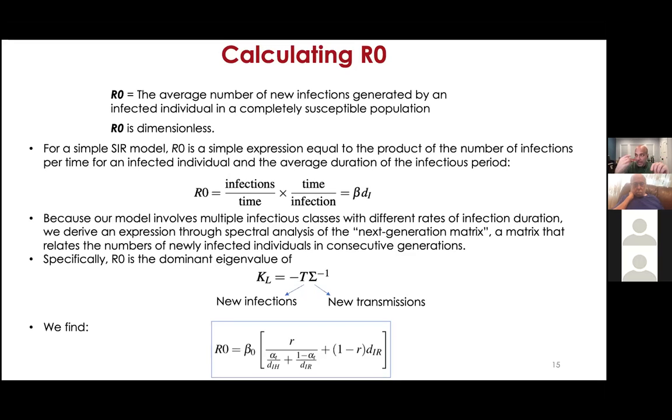But as you add more and more components, the calculation becomes more and more difficult. So Abigail did this through a spectral analysis of what's called the next generation matrix. Again, this is out of my wheelhouse, so hopefully Abigail will come on at some point and we can come back to this slide and she can explain the details.